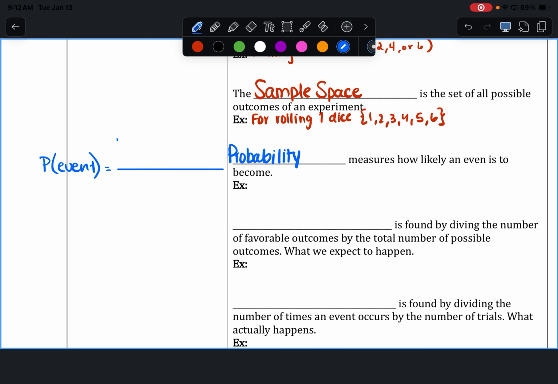The numerator is going to be the number of favorable outcomes. So the top is whatever we want to happen. And the bottom is going to be the total number of outcomes.